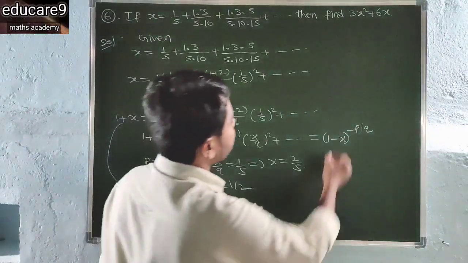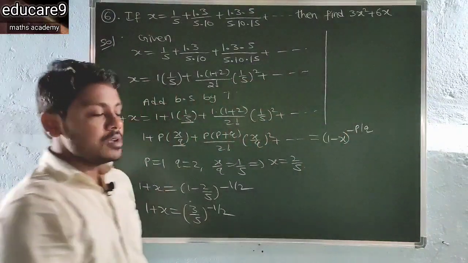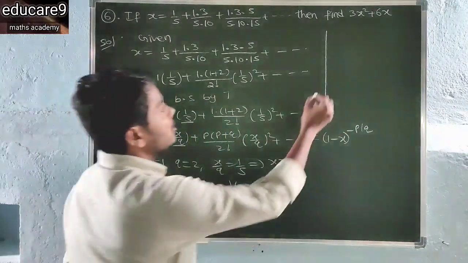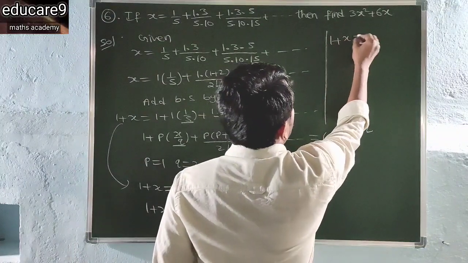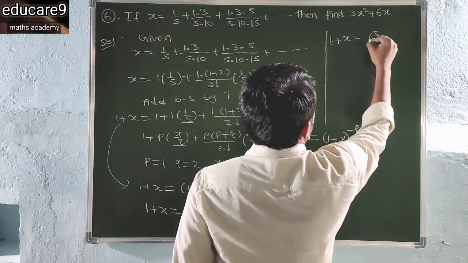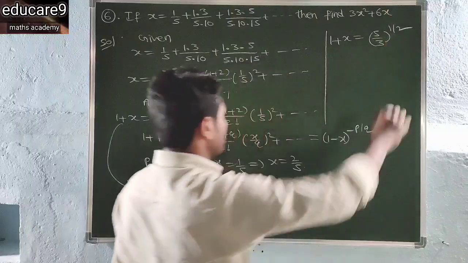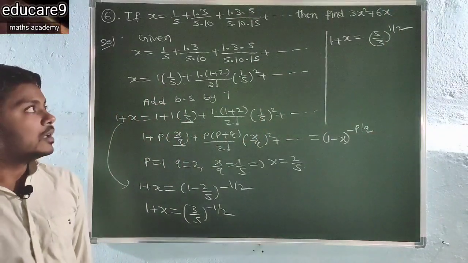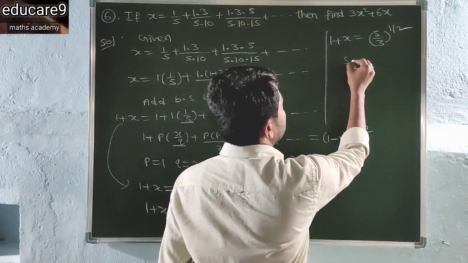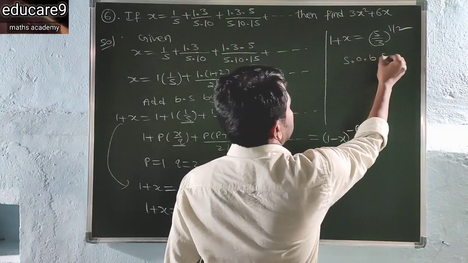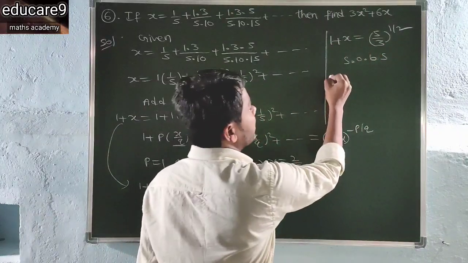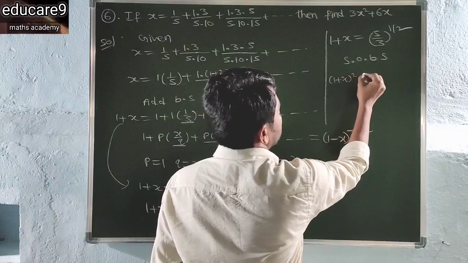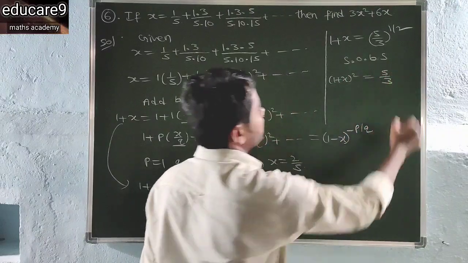Okay. Now how to write this one? 1 + x is equal to (5/3) whole to the power of 1/2. Okay. Now squaring on both sides. So what you get? (1 + x) whole square is equal to 5/3.